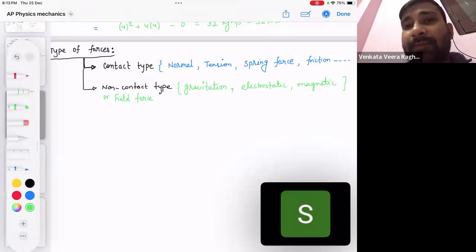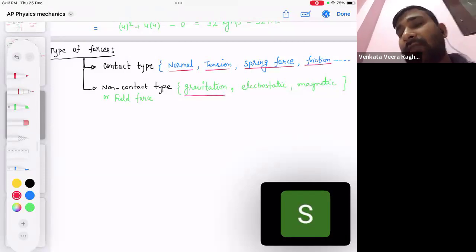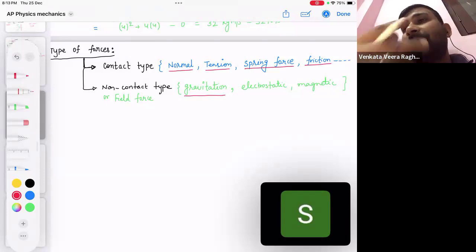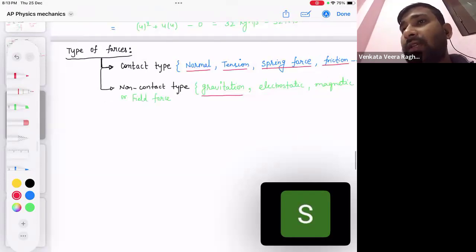In this chapter we are going to focus more on normal force, tension force, spring force, friction force, and gravitation force. Clear? This chapter is going to have mostly these forces involved in our questions.